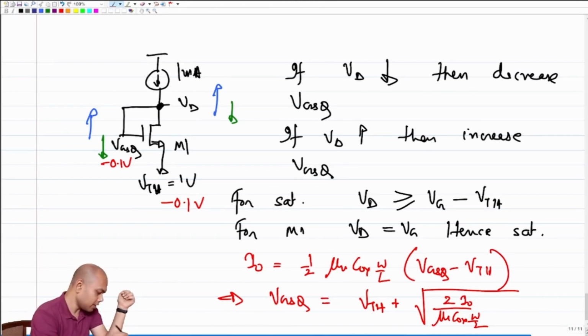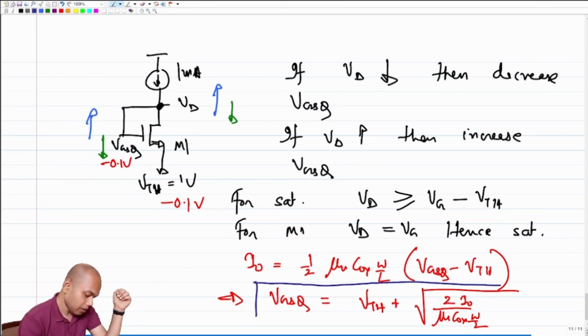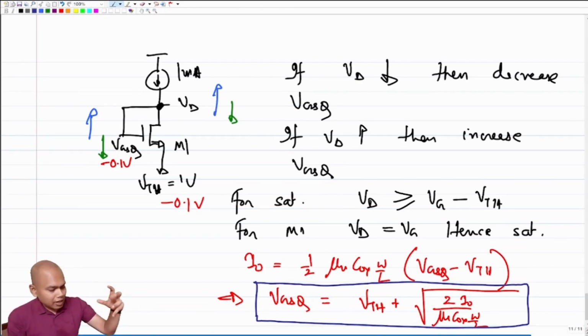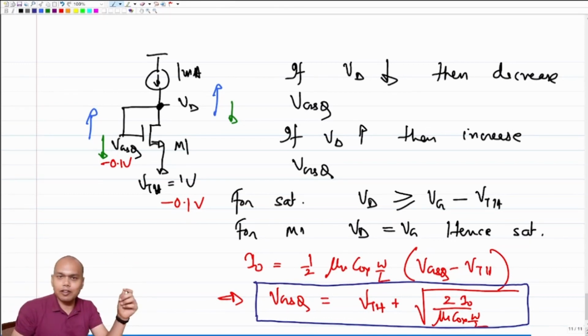So if you stare at this equation, you will see that if threshold voltage changes, the VGSQ will also decrease by an equivalent amount because we have biased it with a constant current source, right? So in this case, we have somehow figured out a way of making the current the independent variable.